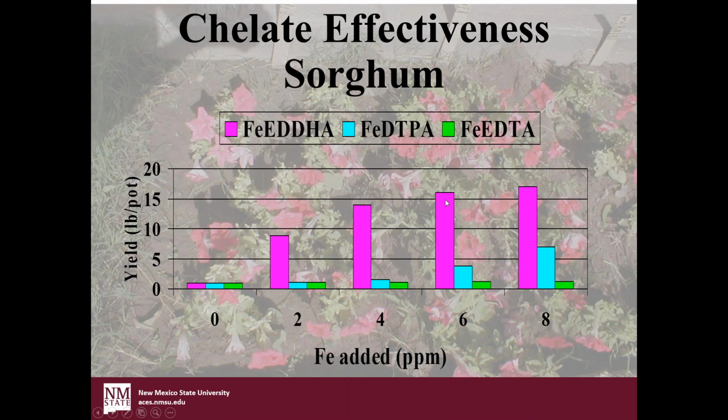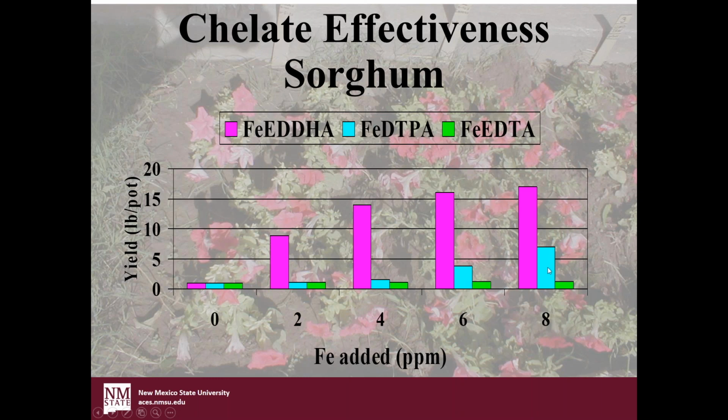And you can go on up the scale up to 8 parts per million of iron added, and you see that at the EDDHA, you're reaching a maximum, and most growers would probably be happy with using a little less, even down to 4, compared to what they're getting with these other products.